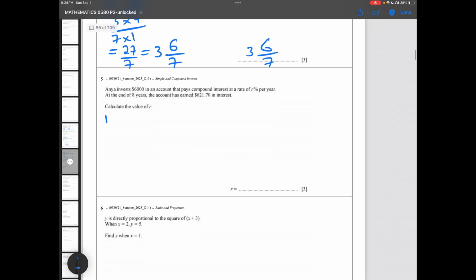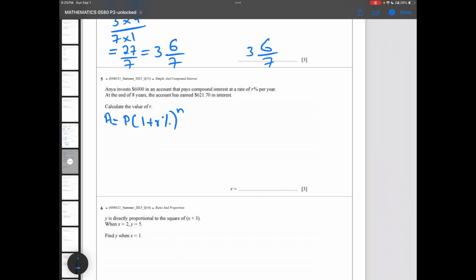That is A is equal to P bracket open 1 plus R percent bracket close to the power n. A means accumulated money.